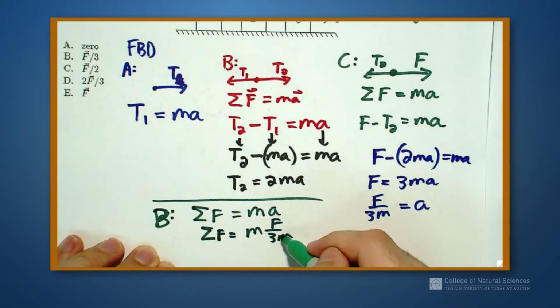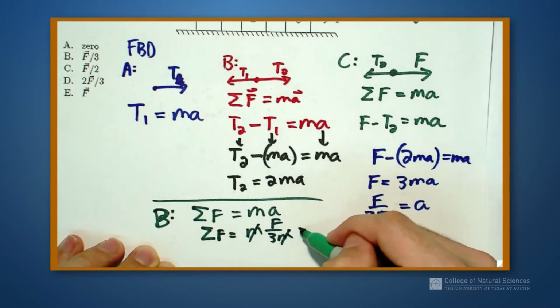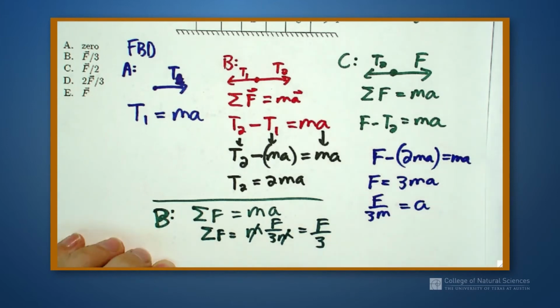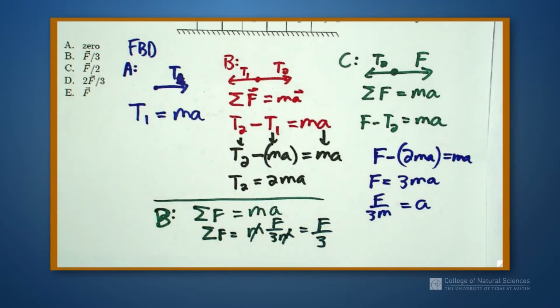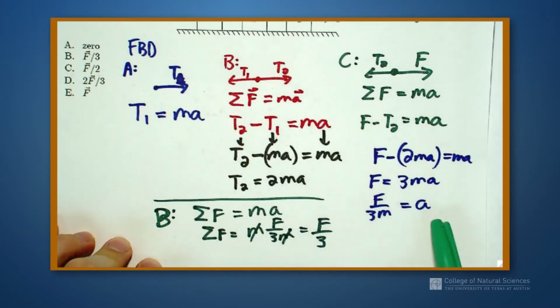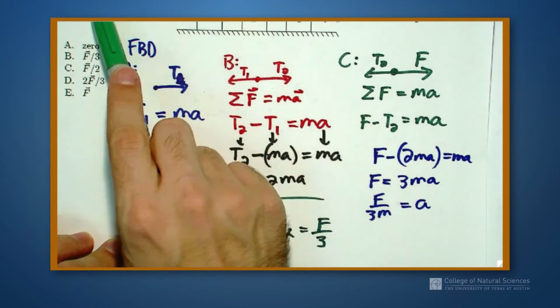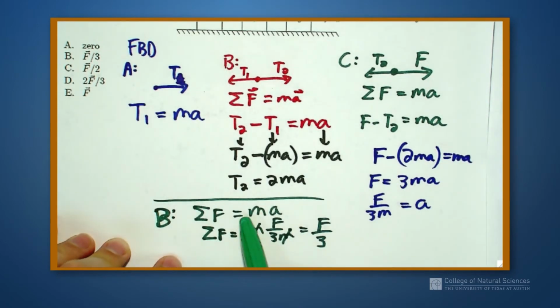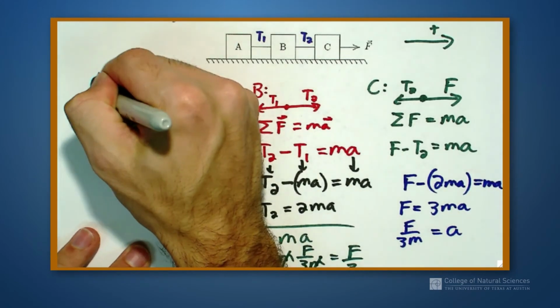The mass cancels with the mass, and I'm left with F over 3. It's a little bit of an involved way to get here. I solved the free body diagrams, substituted it in, solved for the acceleration, and then since I was looking for the net force on B, I know that the net force gives rise to my acceleration, so I just plug in what my acceleration is that I already solved for. So I see that in my choice answers, it's choice B.